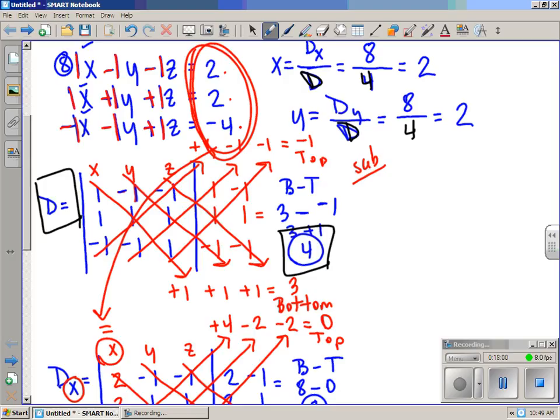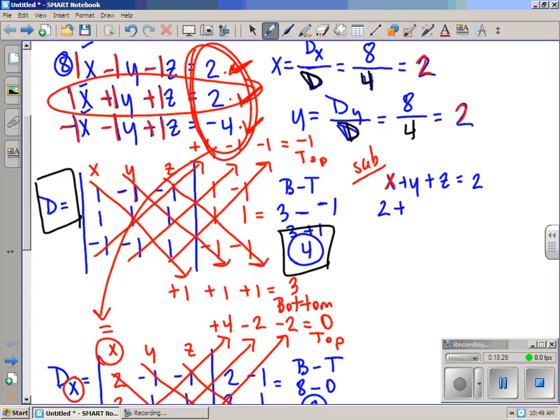You can either use this equation, the middle one, or the bottom one. I always go with the less negative, so I'm going to go with this middle one, which is x plus y plus z equals 2. I'm going to substitute. We know x is 2, so we're going to put 2 in for x.